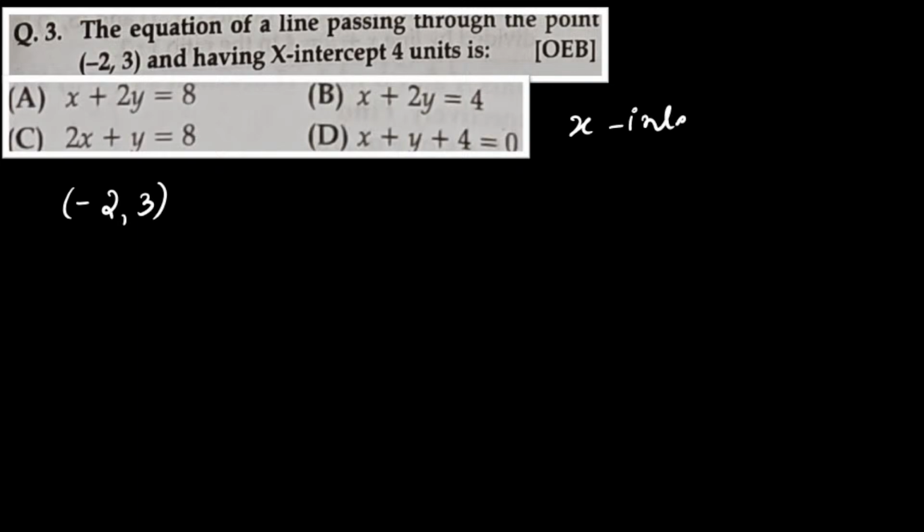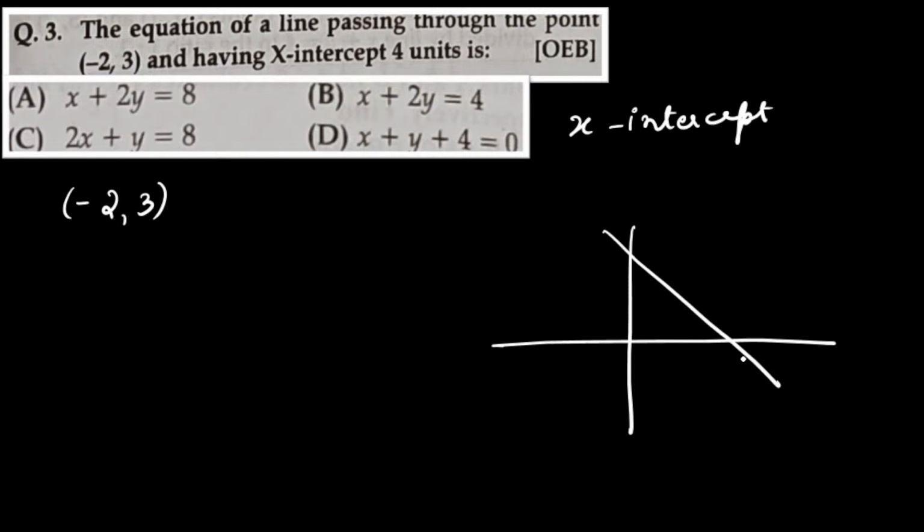So x-intercept, I told you, is that point where the line intersects the x-axis. Suppose this line is there; the x-intercept I get from the point where the line intersects the x-axis. So if at point 4 this line is intersecting, in the form of coordinates I can write it as 4 comma 0.